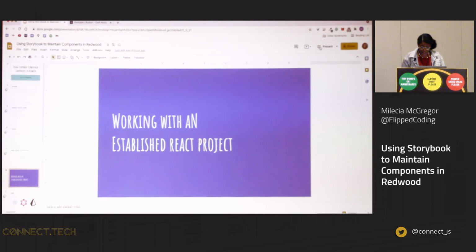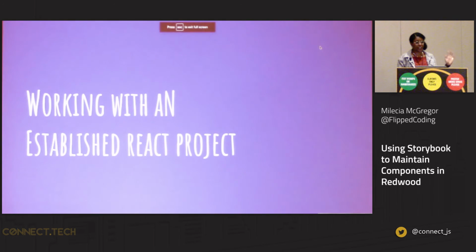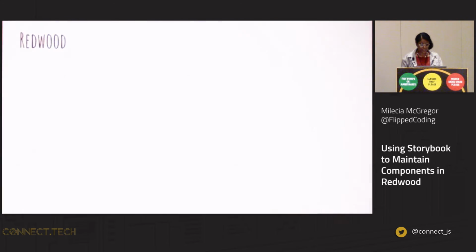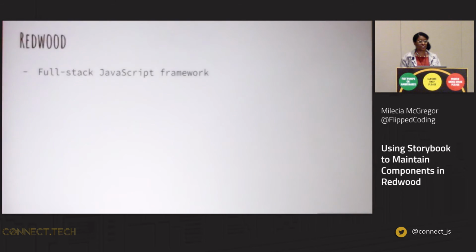So I'm going to come back here, and we've already seen how to add Storybook. We've seen what the buttons do. We've seen how it actually works. So we're going to switch it up a little bit because I've been playing with this framework called Redwood this year, and it's pretty hefty. It's a full stack JavaScript framework, but you can argue that it's a full stack Jamstack framework.